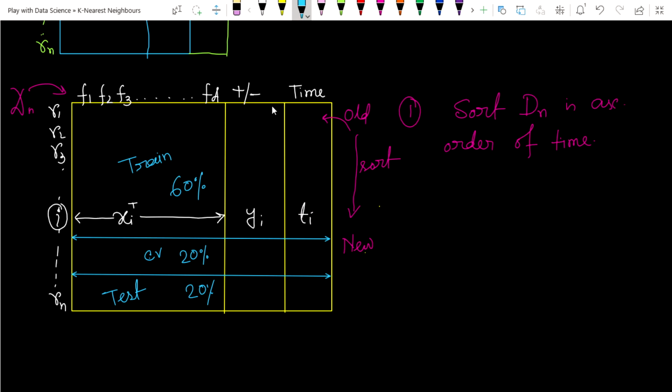For training purposes we consider only the old 60% data. Then the next 20% data we take for cross validation, and the most recent 20% data we use for test purposes. So this is the advantage of time based splitting.